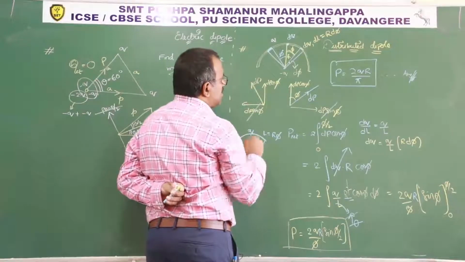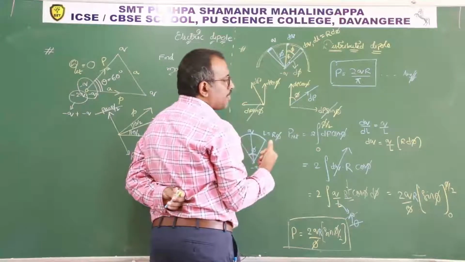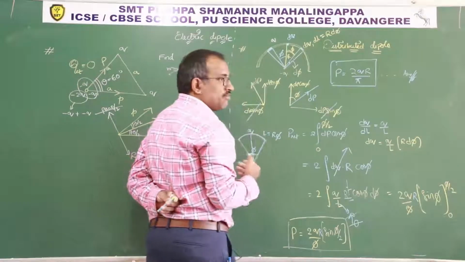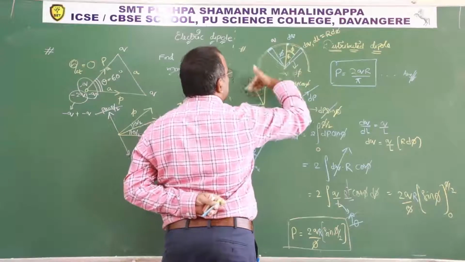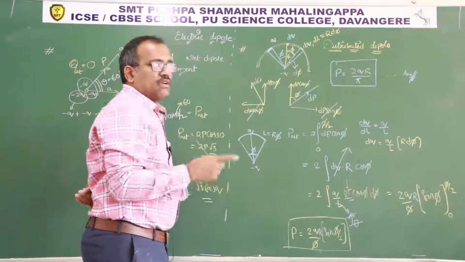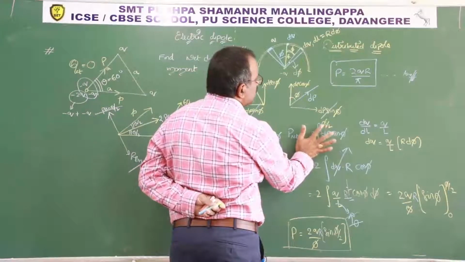Some people will ask me, sir, 2 dp cos phi, why you didn't write like that? Yes, I wrote, of course. But this side, 0 to pi by 2, 0 to pi by 2, that is what I wrote. If I don't want to write 2, I have to write here 0 to pi.